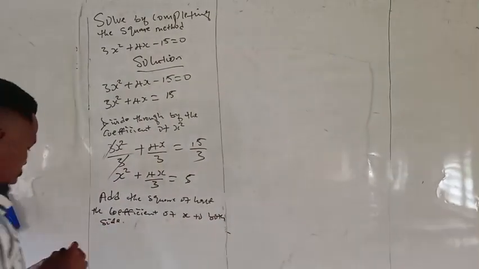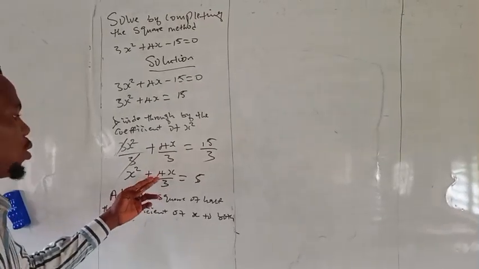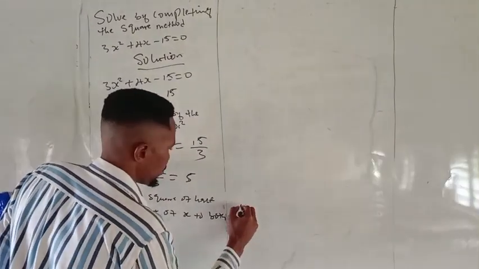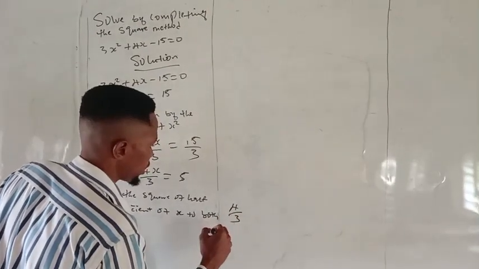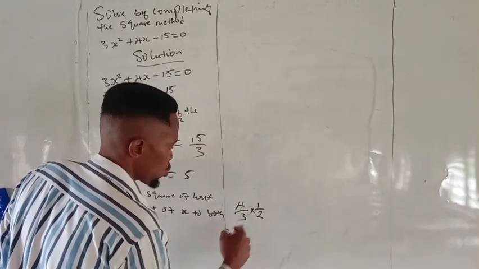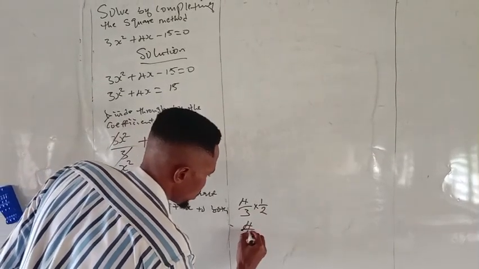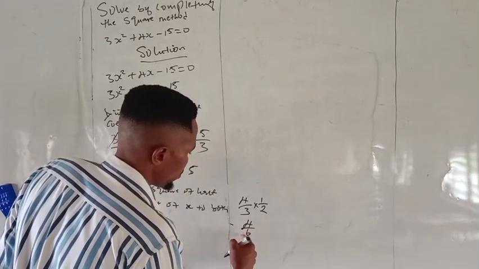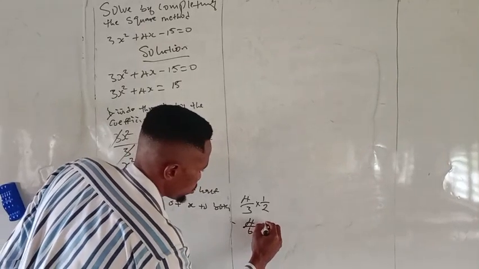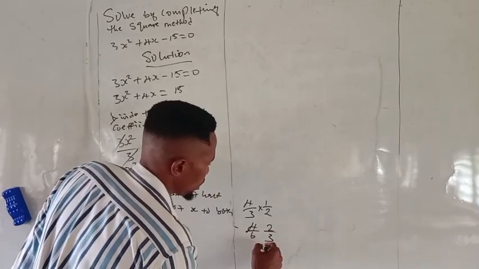The coefficient of x here is 4 over 3, so half of 4 all over 3 means multiplying by 1 all over 2. 4 times 1 gives you 4, and 3 times 2 gives you 6. You can further simplify this: 2 goes into 4 twice, and 2 goes into 6 three times. So you have 2 over 3.